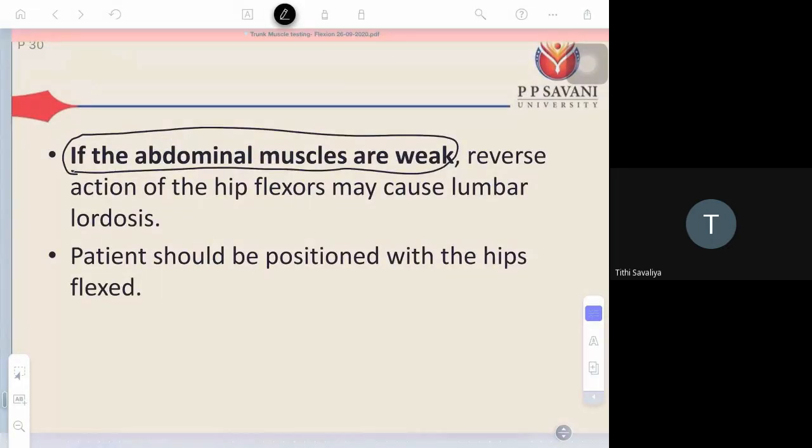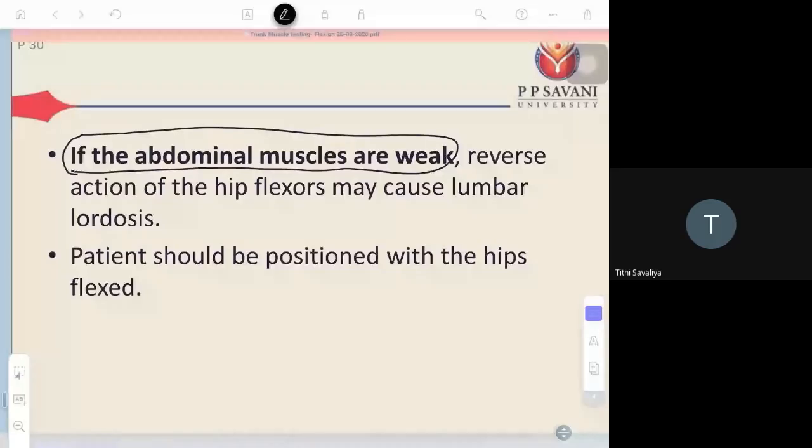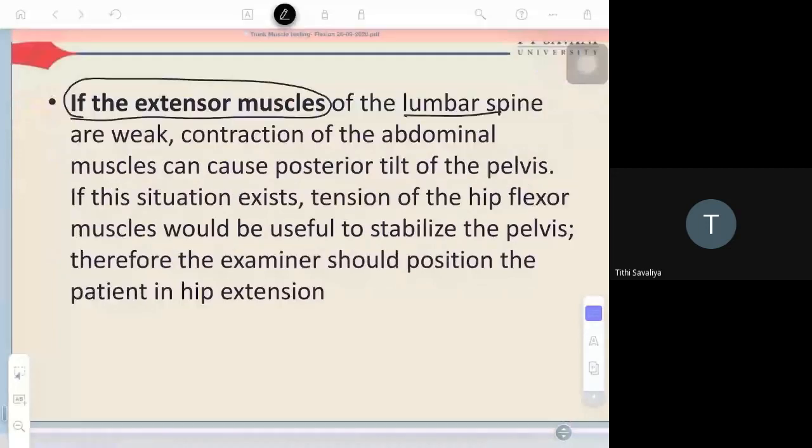Rectus abdominis, external oblique, internal oblique. If these muscles are weak, then what will happen when you are testing the patient? If extensor muscles of the spine are weak, these are the antagonist muscles, the opposite muscles.